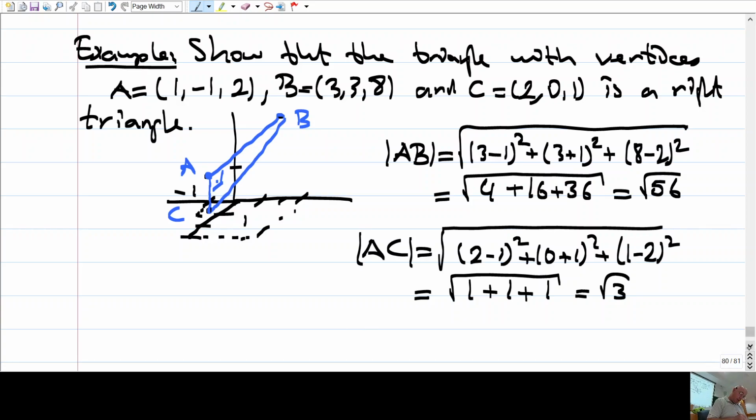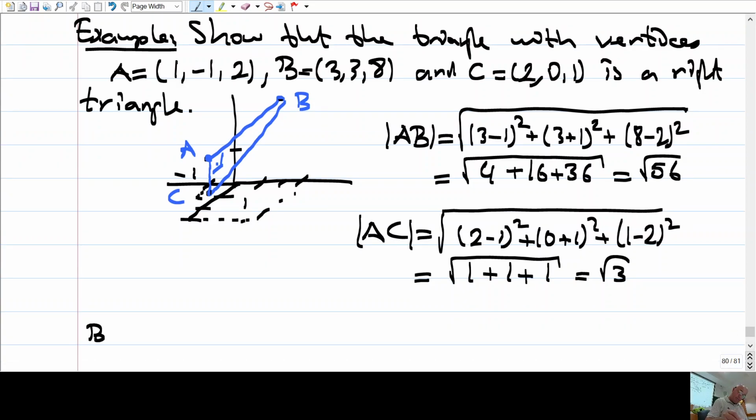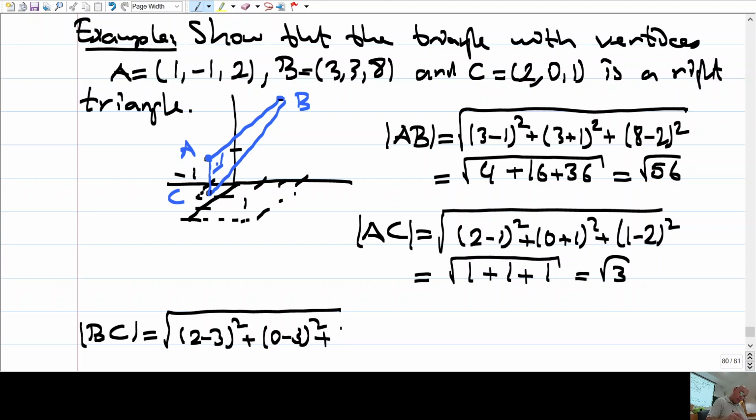And finally, let's say what is BC? BC. So 2 minus 3 squared, 0 minus 3 squared, plus 1 minus 8 squared.